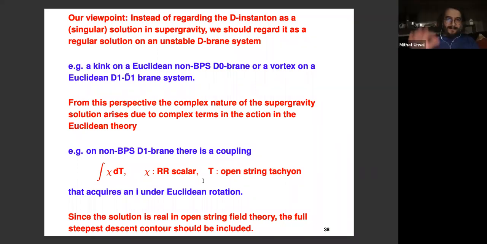Maybe a remark about what Sandeep said: constant phase is really a property of the case of one-dimensional integration. If you consider the higher dimensional case, you have to consider the complex gradient flow equation. That's the counterpart of this constant phase contour in the one-dimensional case.